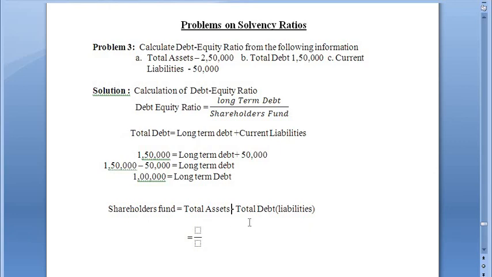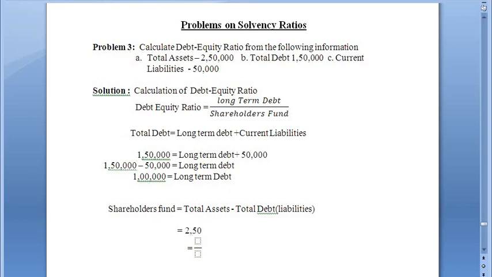Therefore, how much are the total assets of the firm in the problem? Check the problem.